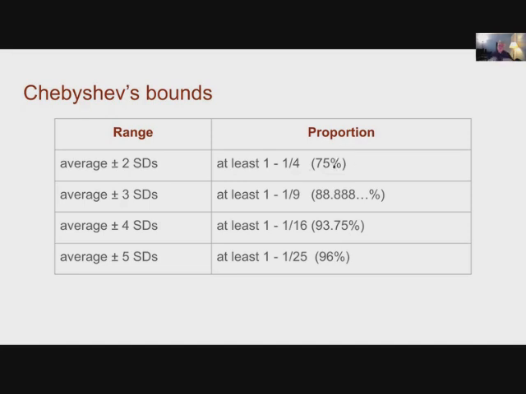We will always capture at least 75% of the data within plus or minus 2 standard deviations for any distribution, but it could be more. That's what I mean when I say this is a lower bound.